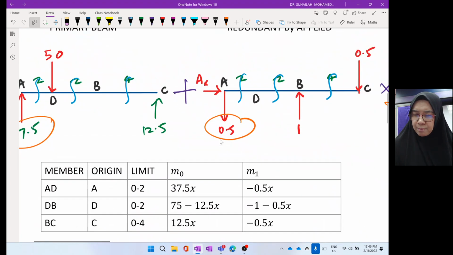Tengok pada diagram, positif or negatif? CY, negatif ni. Arah CY tu. Negatif. Tengok arah dia. Okey, negatif.